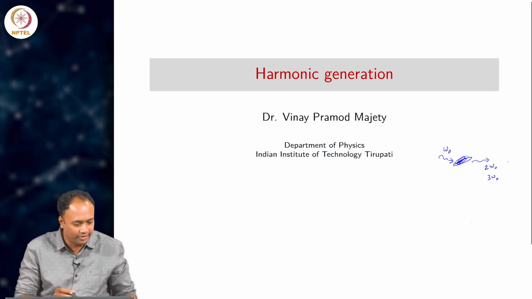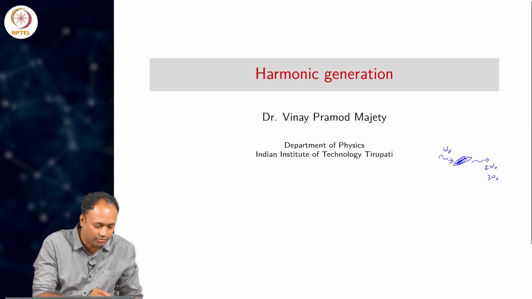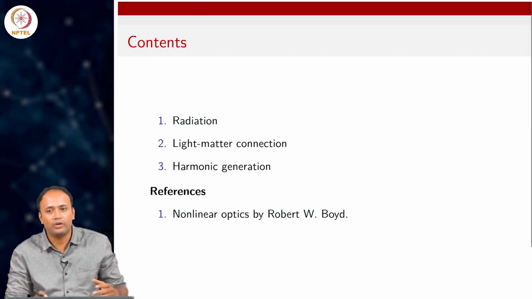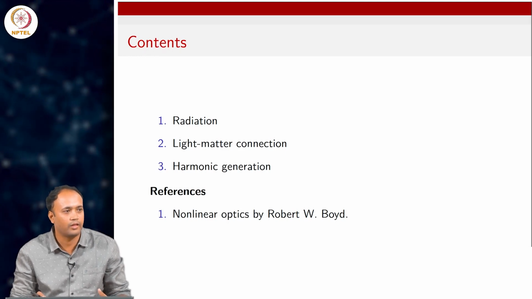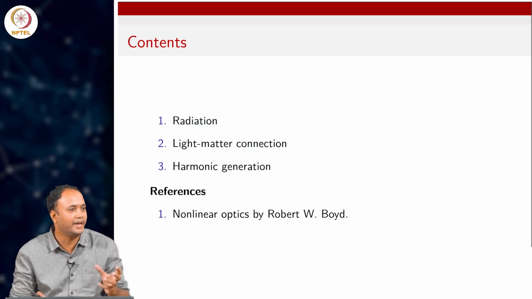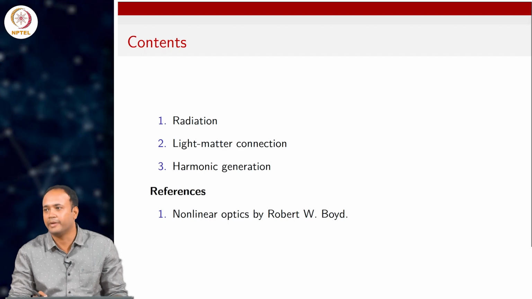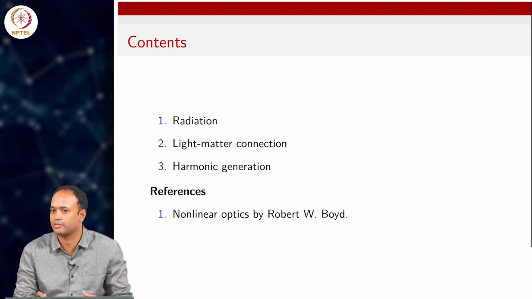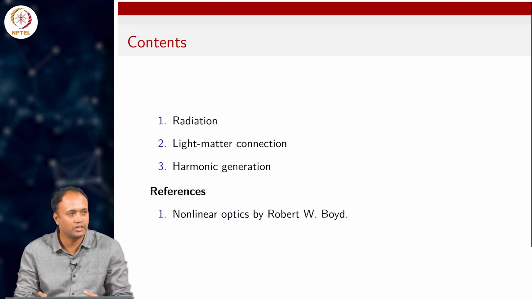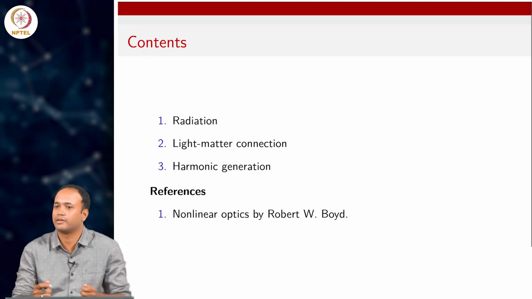Now what I will try to teach in this particular lecture is the following. What is the source of this radiation, right? How do systems radiate? So if I want these harmonics, there is a medium, right? There is a certain medium, and this medium is what is generating these new harmonics, whether it's second or third harmonics. So what exactly is this connection between light and matter?